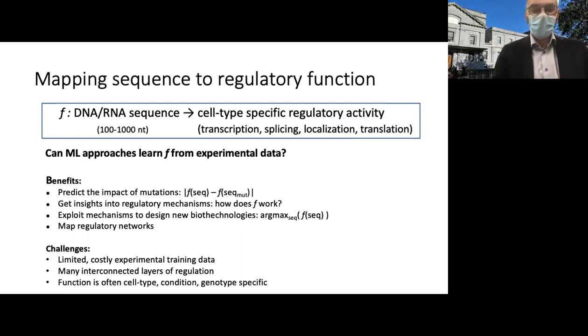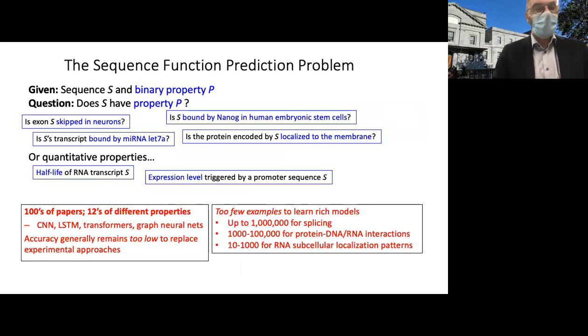I'll take a shot at explaining that a little bit more in a second. Just to clarify, we're asking a very general question here. The type of question that we're going to be asking is: here's a sequence, and here's a certain property that this sequence may or may not have. And the question is, does this sequence have that property?